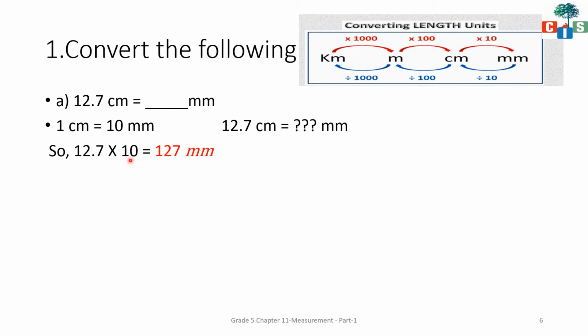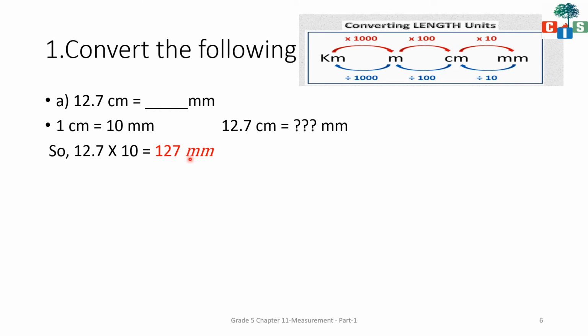Here we have how many zeros? We have 1 zero. So we will shift this decimal point, which is between 2 and 7, to its right by one digit. So our answer will be 127 mm.